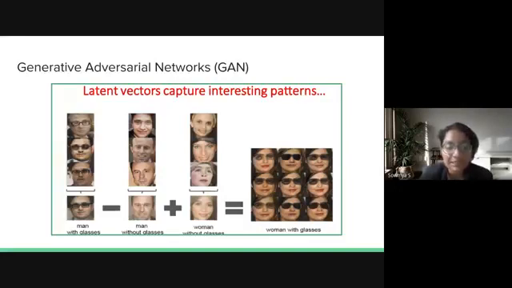This is from a text to image dataset, and when the generated man with glasses is subtracted by man without glasses, and then you add woman without glasses, the generator did come up with woman with glasses. So it is a sort of two-layer learning, like it learns from the image as well as the text.